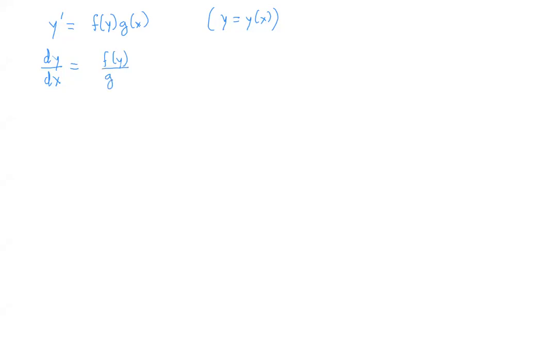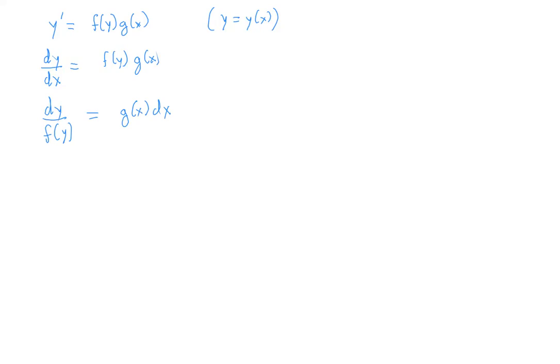So I'm going to rewrite my right-hand side. And now I'm going to execute the following thing that is going to look so strange. So I'm treating it as a quotient. And here's the real reason why the Leibniz notation was never abandoned.